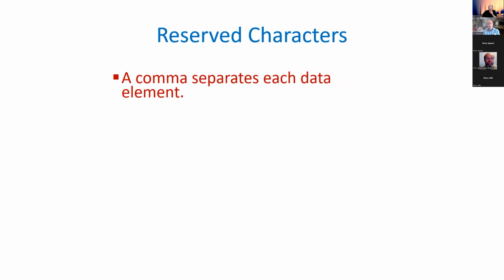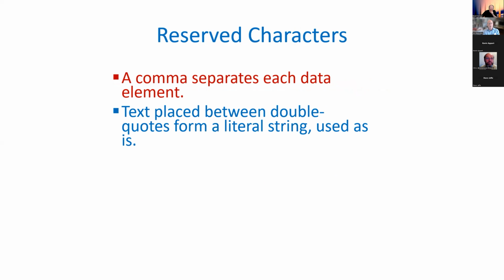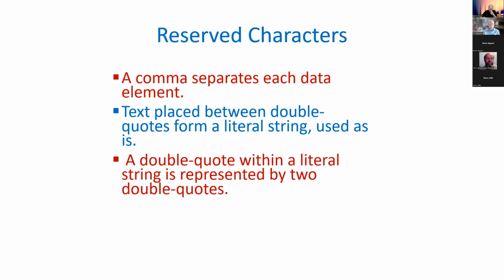So let's talk about the reserved characters. First, the comma separates each data element. And if you place text between double quotes, it will be transferred exactly as is. It may contain reserved characters also, and they're allowed for.